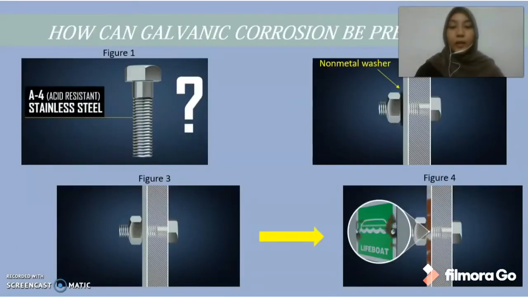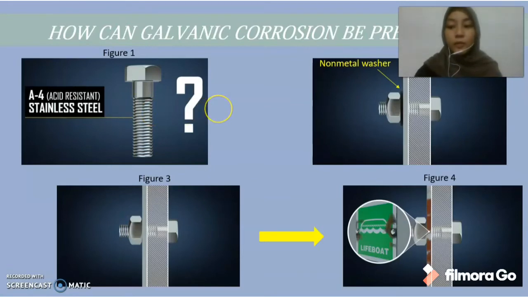Next, how can galvanic corrosion be prevented when designing or installing new equipment? Take a high quality bolt to ensure a high quality installation for an aluminium signboard.